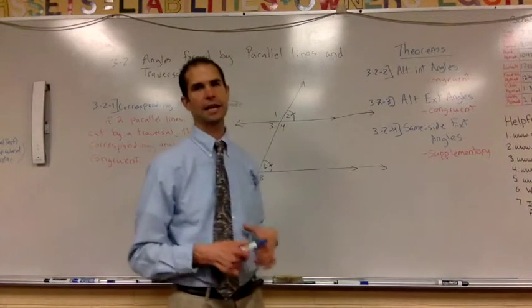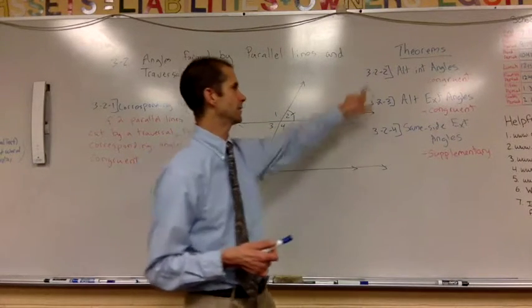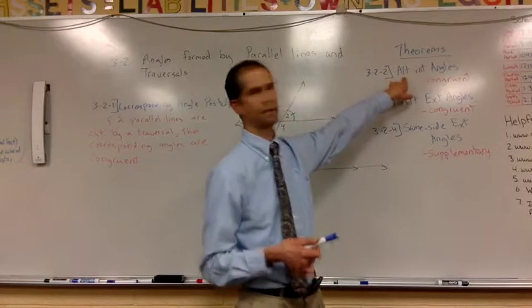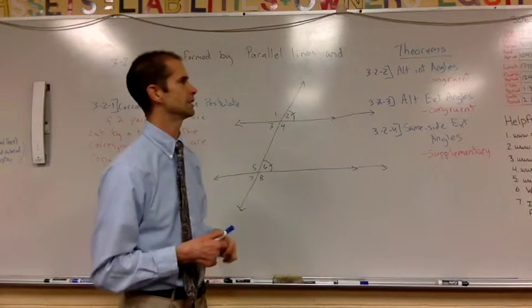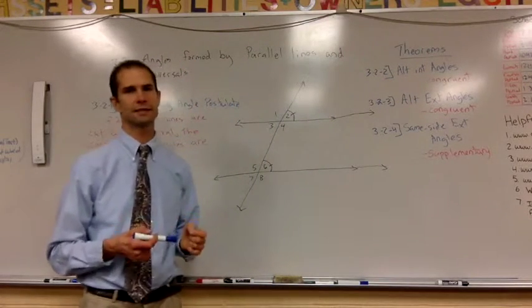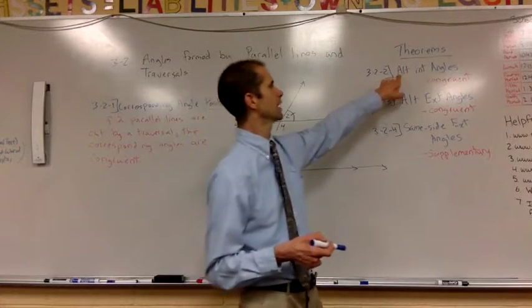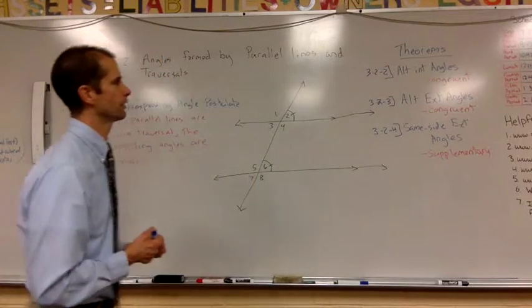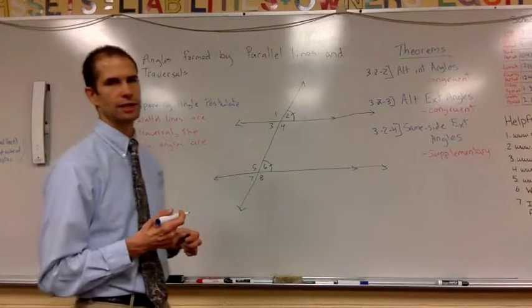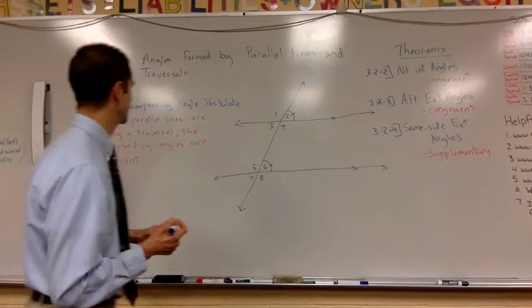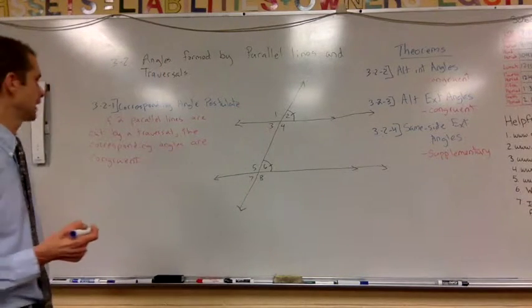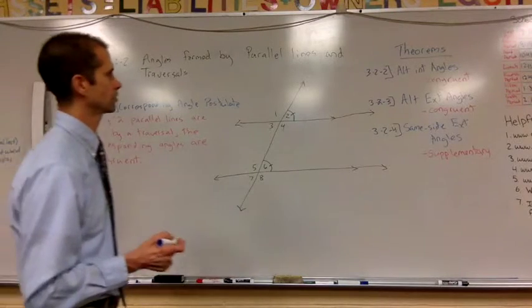3.2.2. And again, I'm not concerned about this number. I'm concerned that if I ask you what the alternate interior angles theorem states, that you can tell me. The alternate interior angle theorem states that alternate interior angles are congruent when two parallel lines are cut by a traversal.